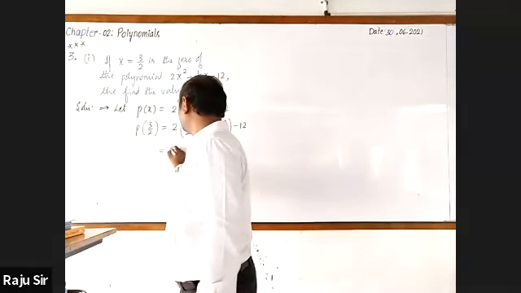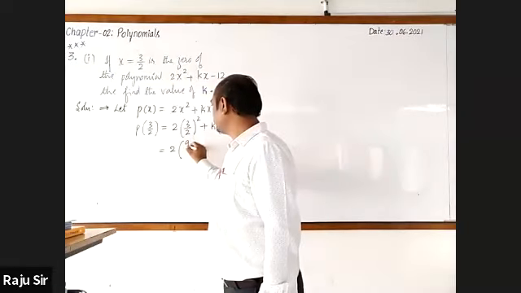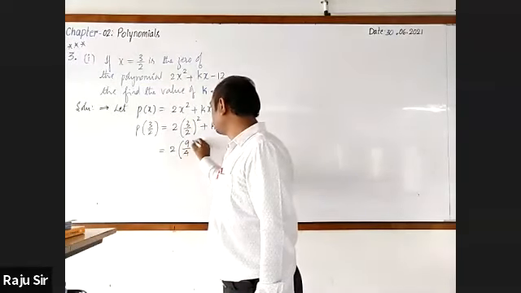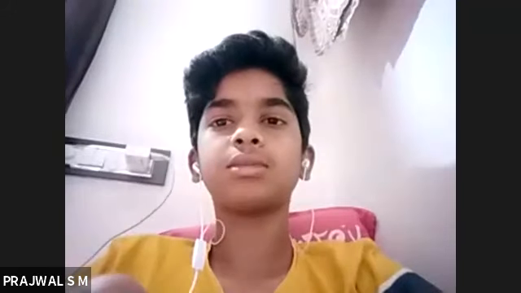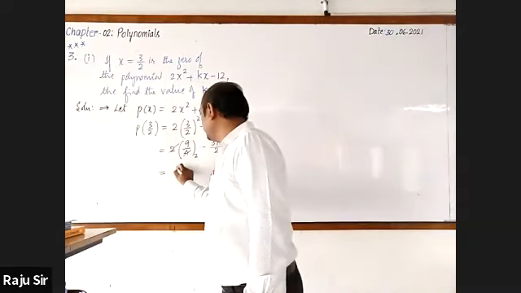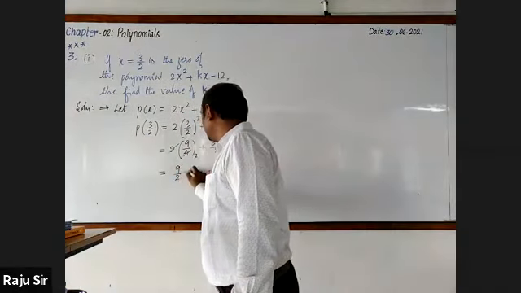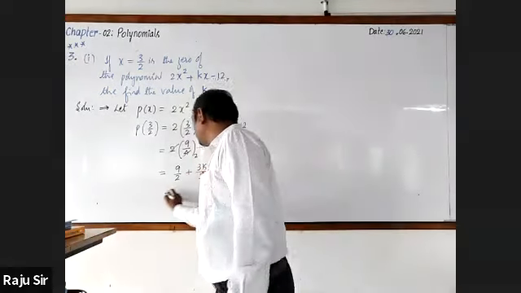This is equal to 2 into, apply square to both, 3 square is 9, 2 square is 4, plus multiply k with 3, this will be 3k by 2 minus 12. It is equal to, here 2 ones are 2, 2 twos are 4, this will be 9 by 2, then plus 3k by 2 minus 12.